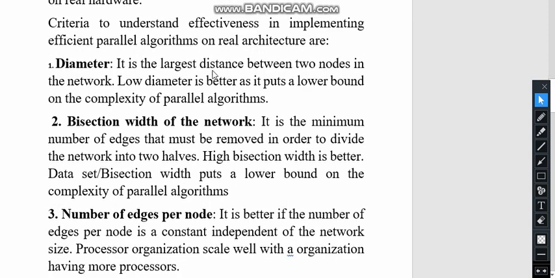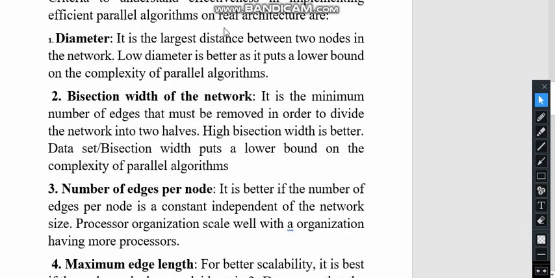Let's discuss the 4 criteria in detail. First, we need to define what a diameter is. It is the largest distance between two nodes in the network. If there are 8 processors organized in the form of a graph, then each processor is connected to the others in some pattern.